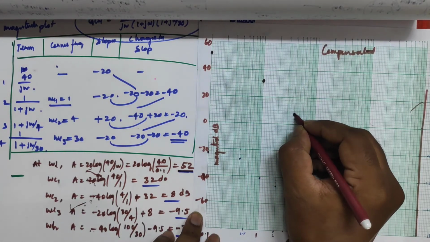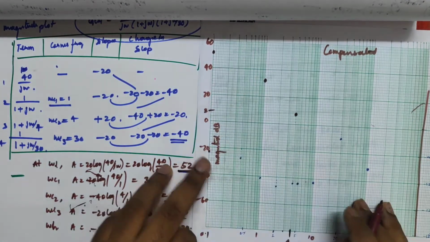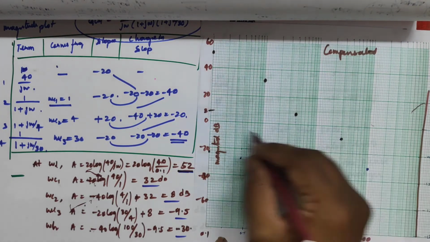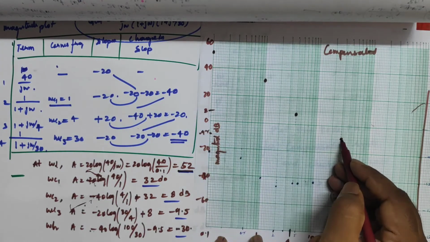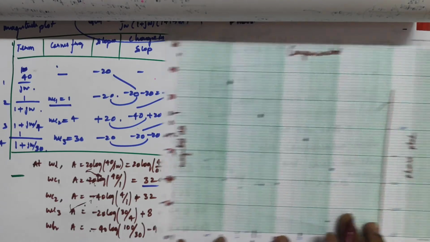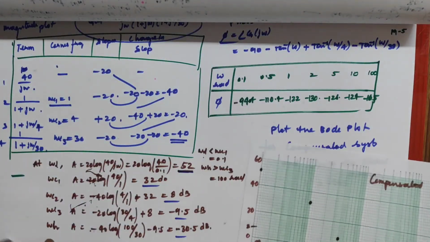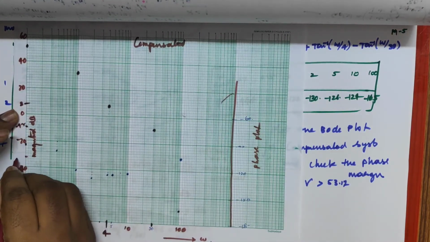So I plotted here, this is the 8 dB line. And at omega c3, at 30, I obtained minus 9.5. So this is the minus 9.5 value. And at omega 100, the higher bound frequency, I got minus 30.5. So this is minus 30.5.